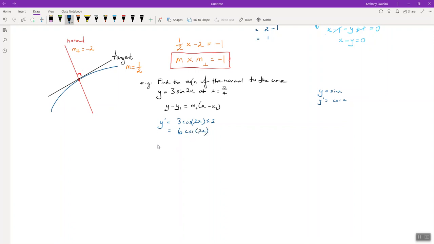Now, I need to get the gradient of this perpendicular line, this normal, but the gradient of the tangent would equal 6 cos, and let's substitute in this pi over 4 now, so 2 times pi over 4, and that's equal to 6 times the cosine, or the 2 and the 4 simplify a bit, to pi over 2.